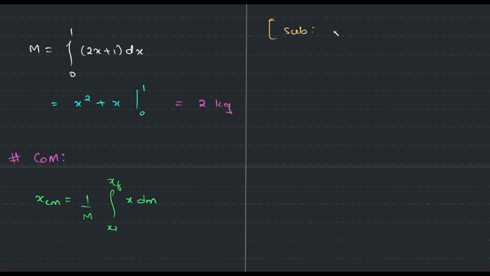Substituting dm, it is a function of x, the length. If you substitute this, then we have this formula, and then the limit also. So this is 1 by 2, integral from 0 to 1 of x times 2x plus 1 dx.